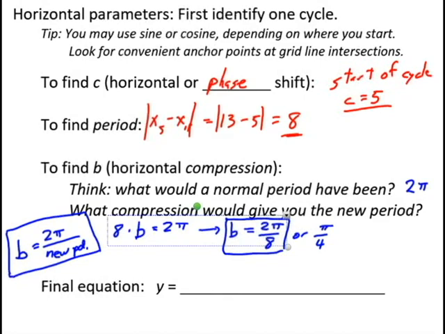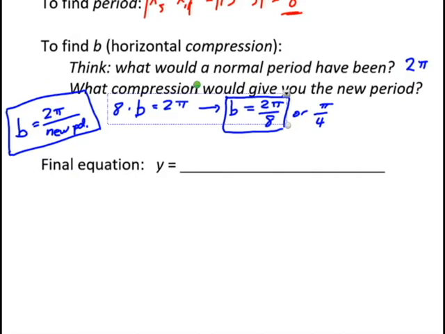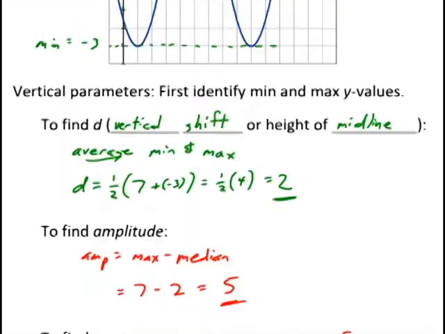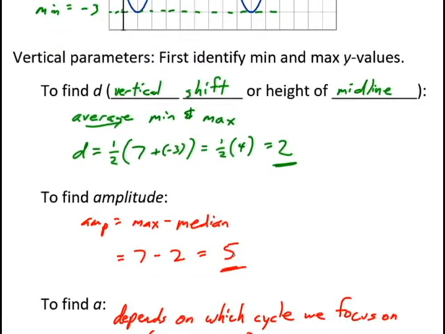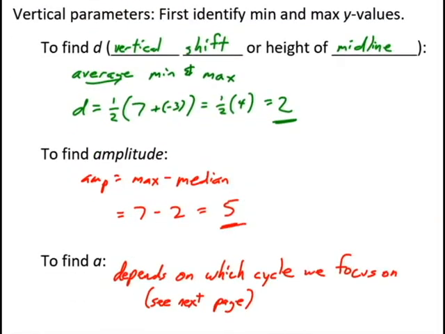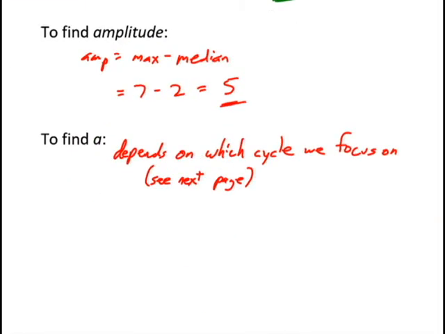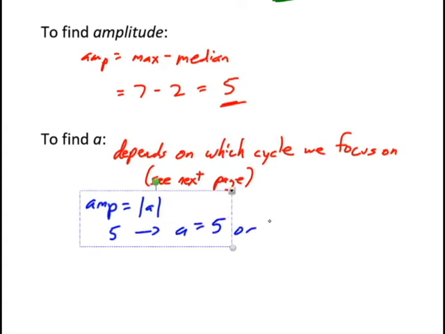At the end, we put this all together. Let's go back and review what we found. The amplitude was 5. Now we can revisit the question of how to find A. Which cycle did we focus on? We know that the amplitude is equal to the absolute value of A. If the amplitude is 5, then that means A is either 5 or negative 5.